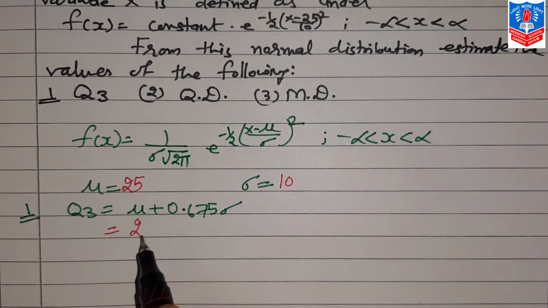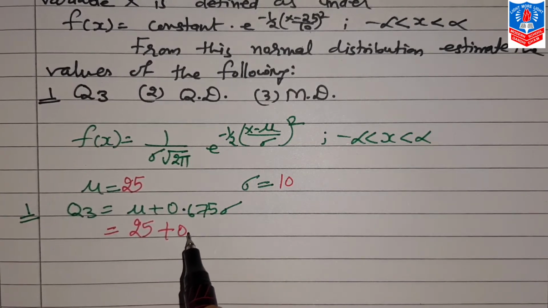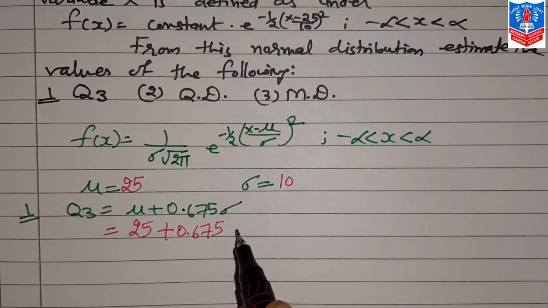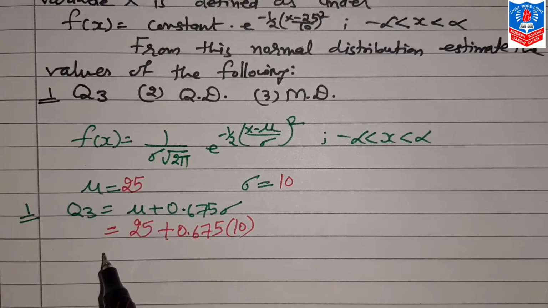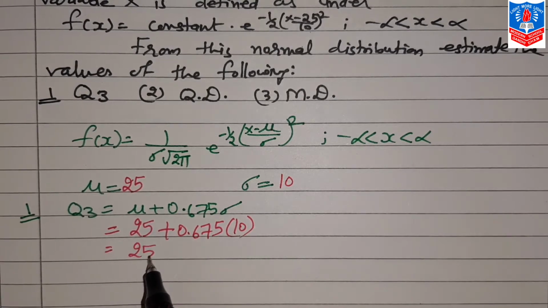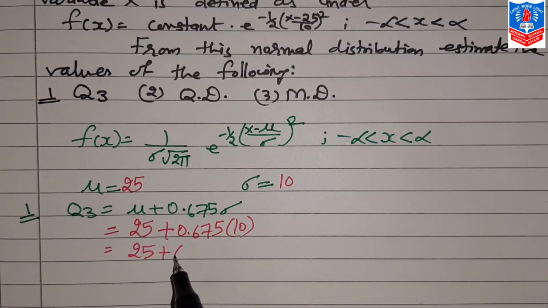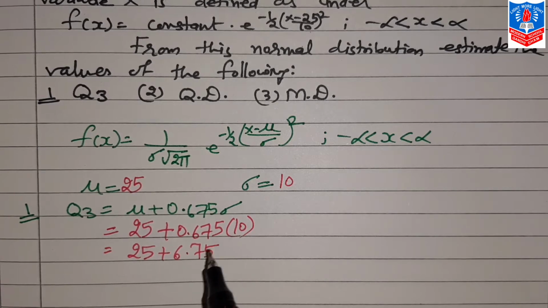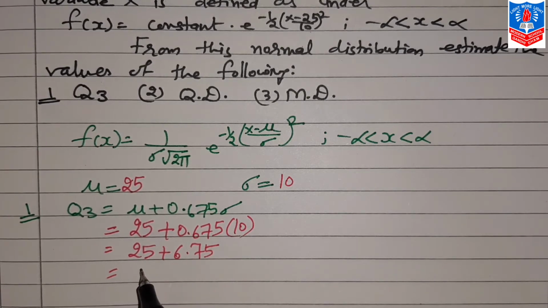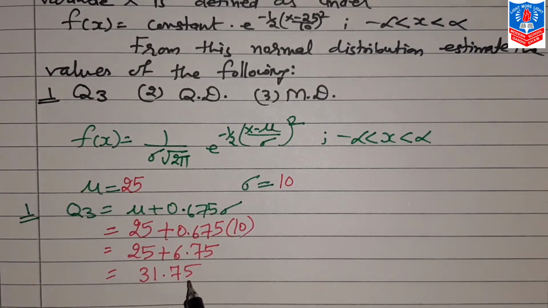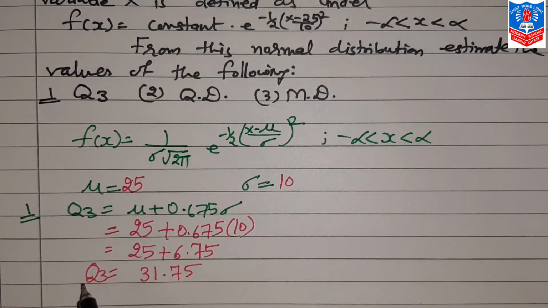Mu is 25, plus 0.675 times sigma, that is 10. Multiply this, what we get is 25 plus 6.75, which totals 31.75.